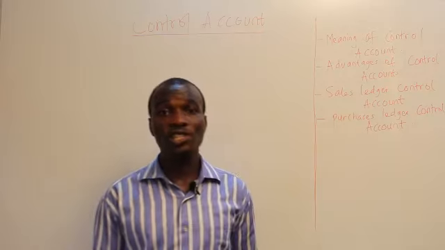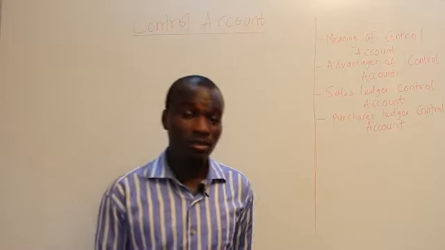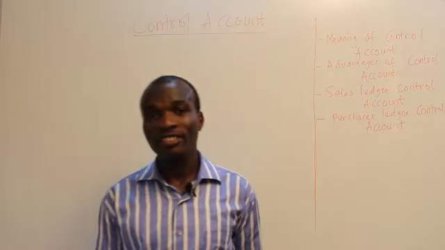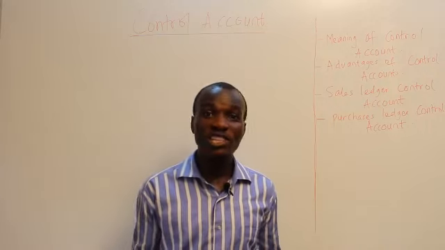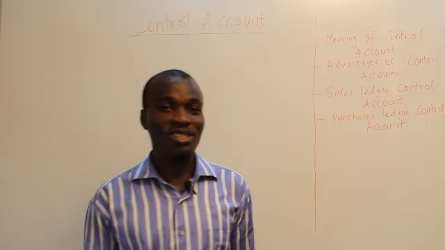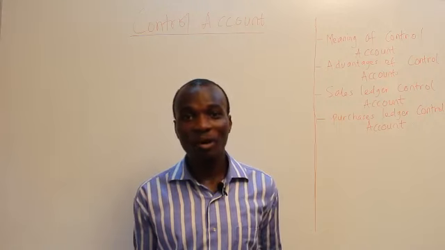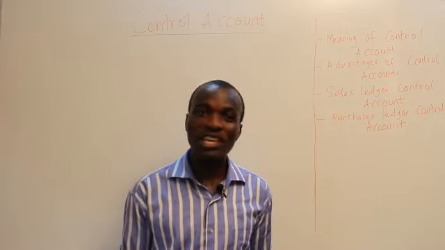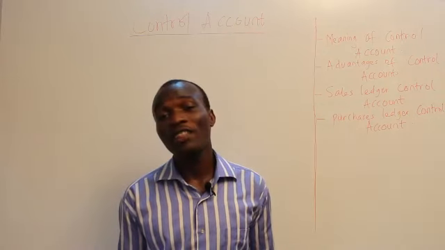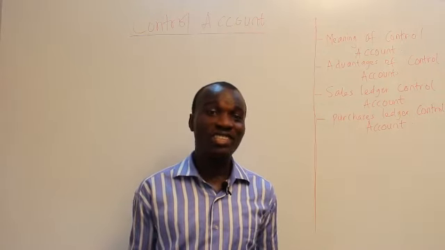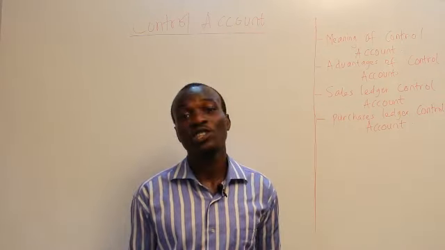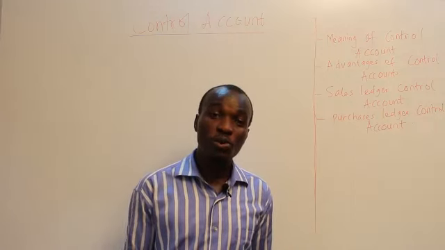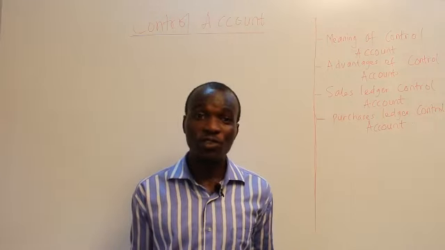In a small organization, the ledgers will be relatively few, so locating errors will be very easy, compared to a very large organization in which the ledgers will be numerous because of its size.